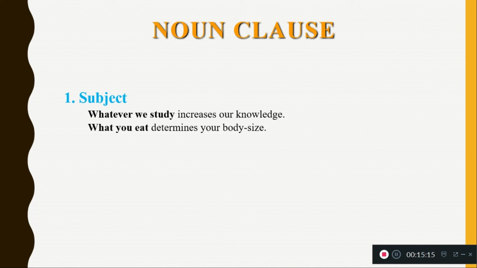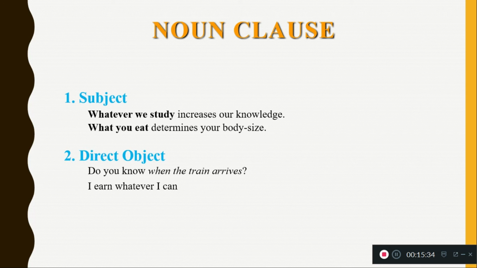Noun clause can be subject of a sentence. In the sentence, whatever we study increases our knowledge, whatever we study functions as the subject of the sentence, so it is a noun clause.